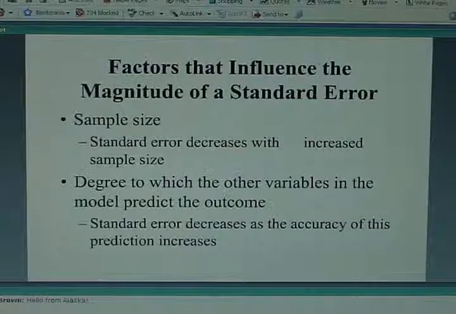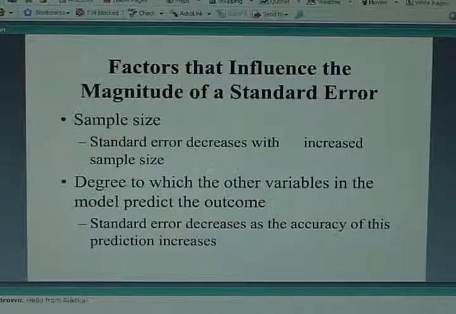It turns out that if the other factor or factors that you put in the model predict the outcome, in other words, they're strong risk factors, your standard error for your coefficient of male is going to actually decrease. So you improve your precision by including in your model other risk factors that impact a person's risk of getting heart disease. That's good news, meaning a model is going to become more precise if you include the other risk factors, the other reasons why people get heart disease, as other predictors in this model.